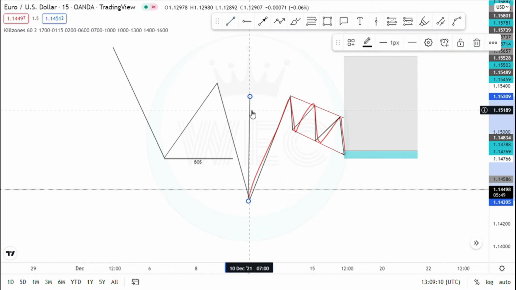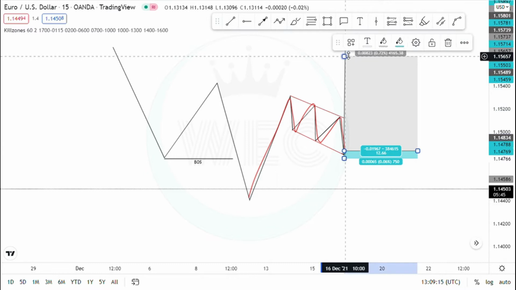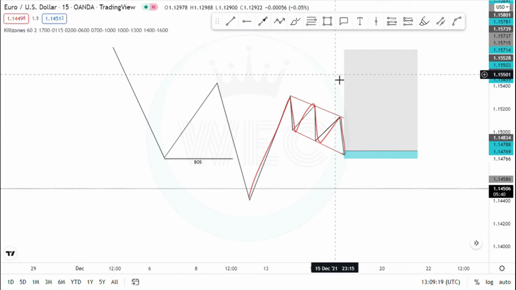So this pattern is normally known as a bullish flag. Okay, so this is how we are normally taught at the beginning of our trading career.